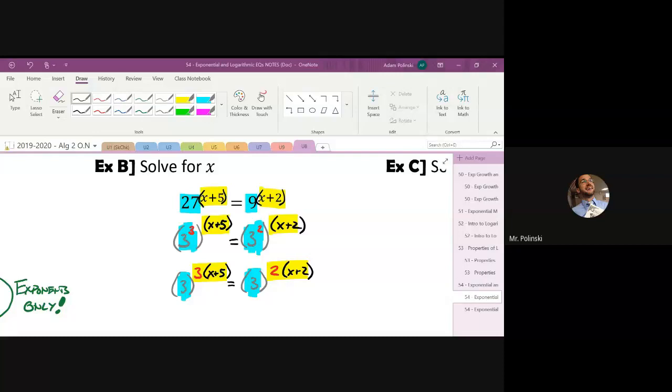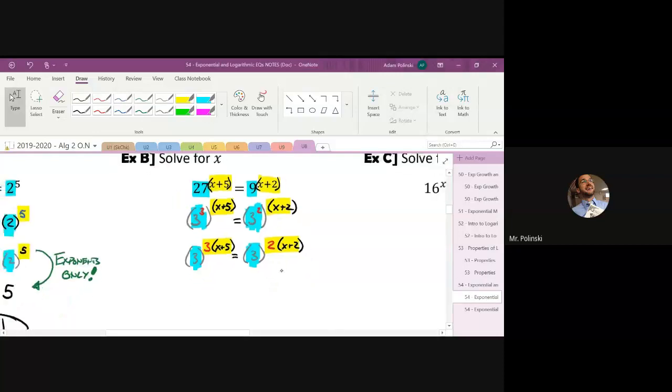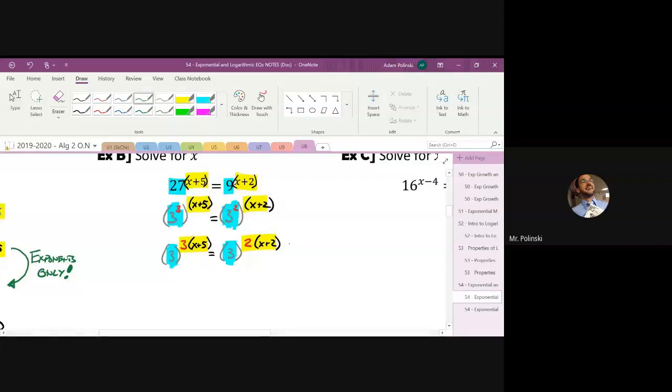Well, if the property says that I get the bases to match, I can mess with only the exponents. Well, we're going to go ahead and do that. There's no sense in dealing with this anymore. We're going to look at exponents only. So that means I have 3 times x plus 5 is equal to 2 times x plus 2.